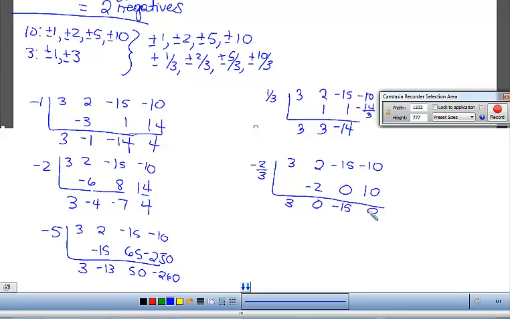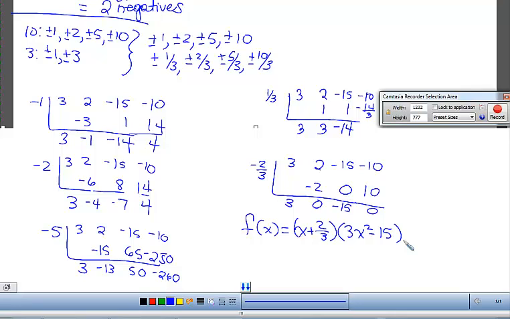Now we can rewrite f of x as x plus 2/3 times, I think we started out with a cube, so we get 3x squared minus 15.